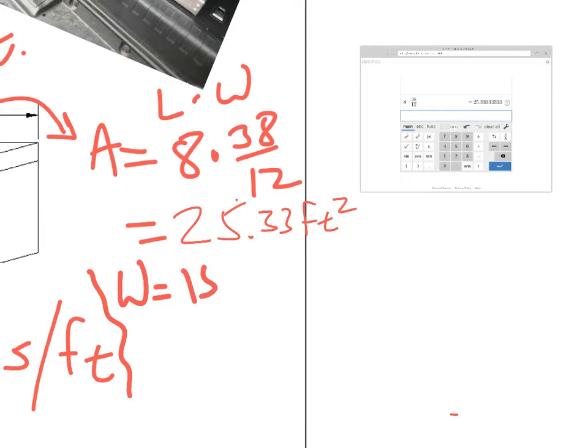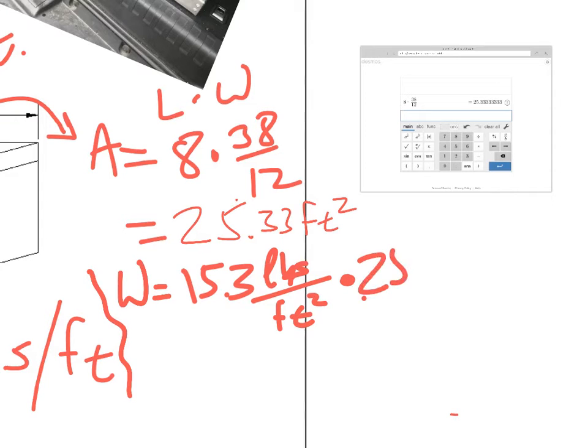So we said 15.3 pounds per square foot. And then we're going to multiply that by the 25.33 square feet. And this will cancel the square feet, leaving us with pounds. So all we need is 15.3 times that number we have here.